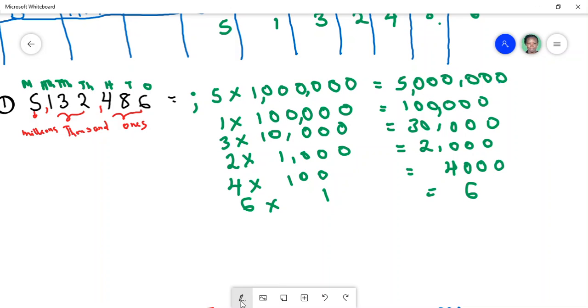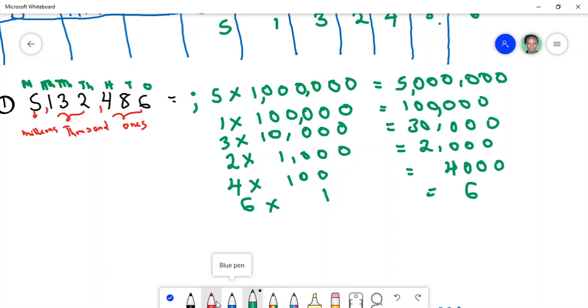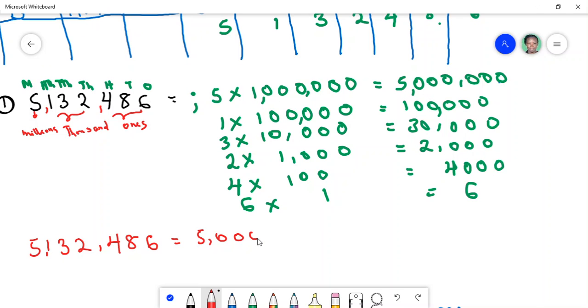So then I can finally say that the expanded form for 5,132,486 is going to be equal to 5 million plus, what do you have? 100,000.